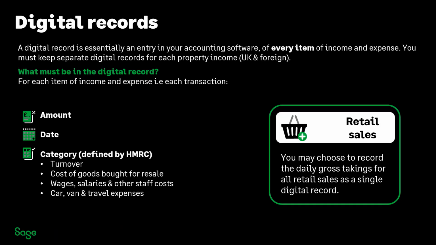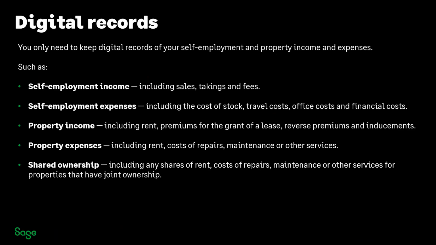Now, particularly for retail sales, you may choose to record your daily gross takings for all retail sales as a single digital record rather than putting every single item through. So you might be wondering, what am I expected to record?